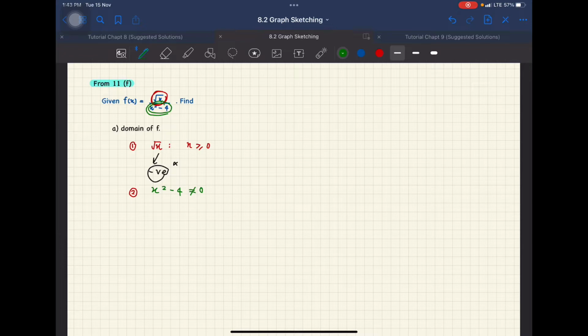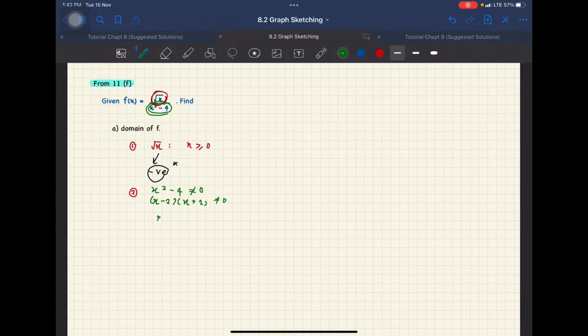So macam mana nak solvekan this question? Maksudnya how am I going to find the value of X yang akan menjadikan dia kosong dekat bawah tu? Sama je, we are going to treat this one as equal sign. Solvekan sahaja macam biasa. Kita akan dapat X minus 2 and then X plus 2 not equal to 0.